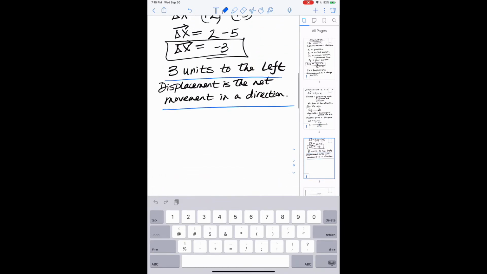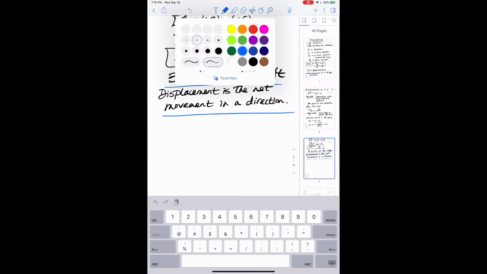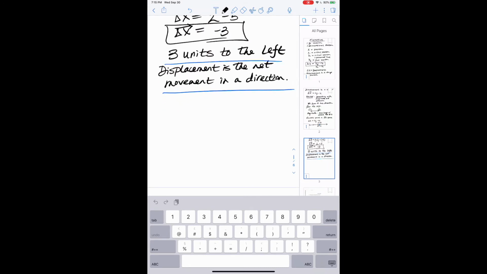What else can we say about displacement? I guess we can start to talk about distance and how it's different. All right, distance is the movement in any direction. It is always positive.